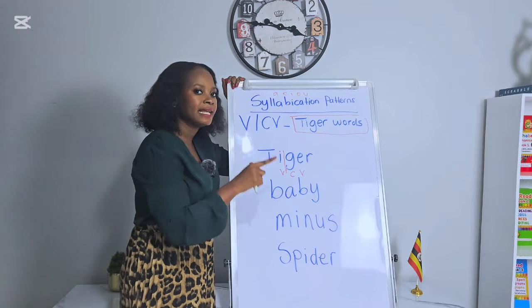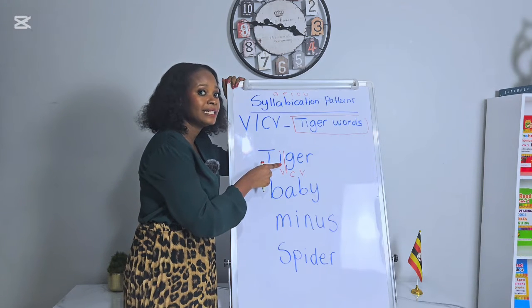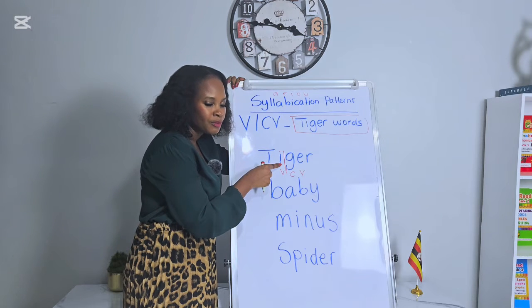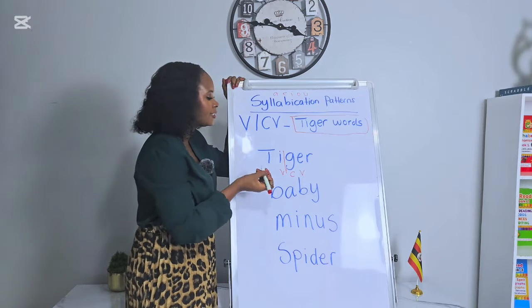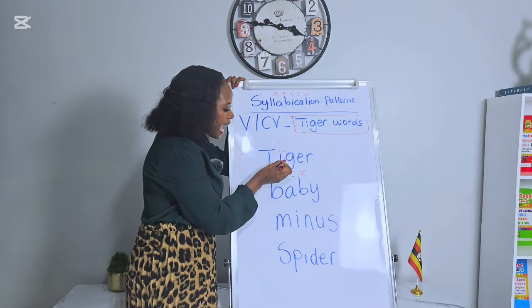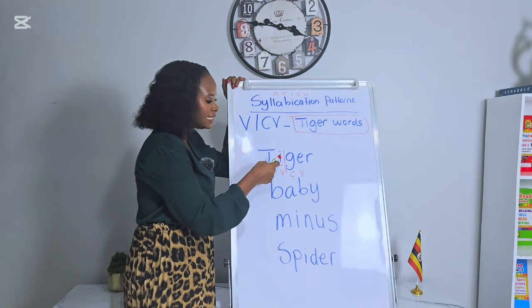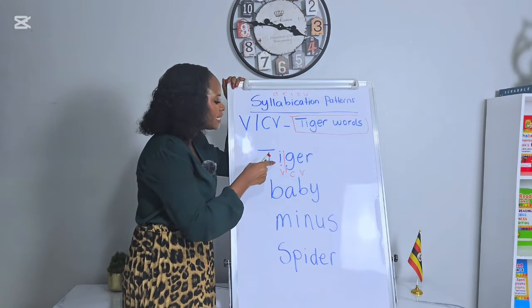If a word ends in an open syllable, if a word ends with a vowel, the vowel says its name, not its sound. Remember that. That's why we read this word like this: I. Because it ends in a vowel, the vowel has to say its name.